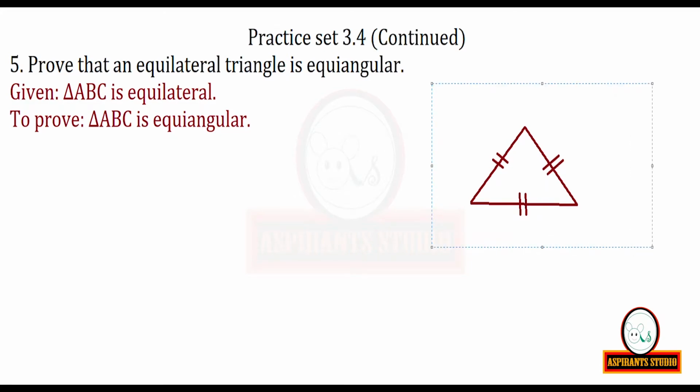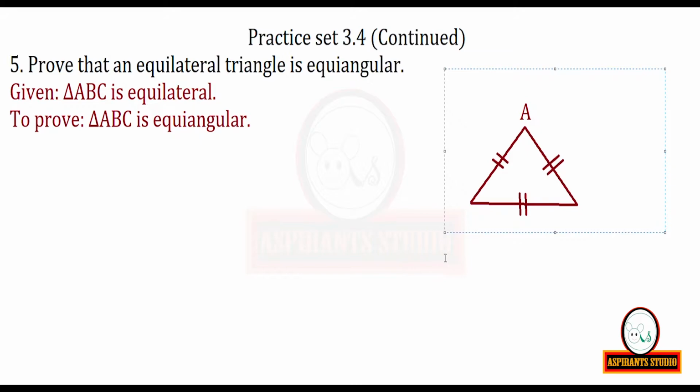So in triangle ABC, segment AB will be congruent to segment AC and segment AC will be congruent to segment BC, because the lengths of all the three sides are equal, because you are given triangle ABC is equilateral.